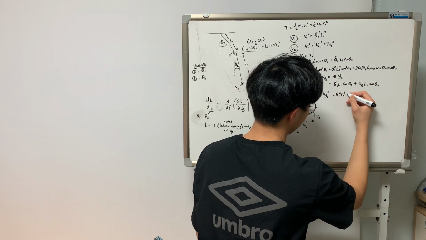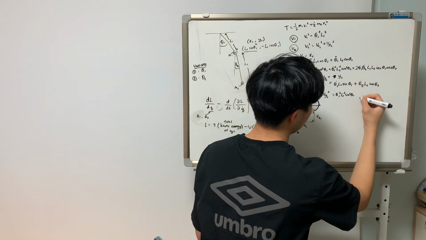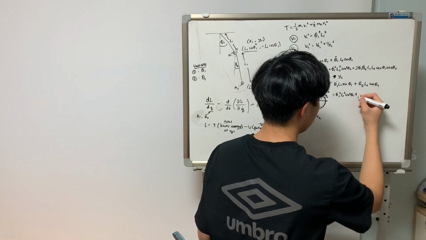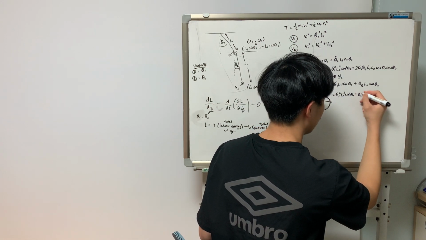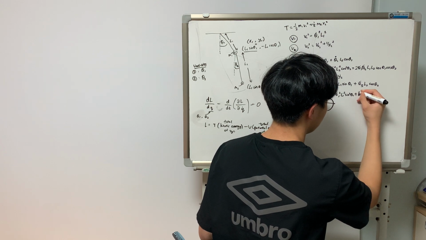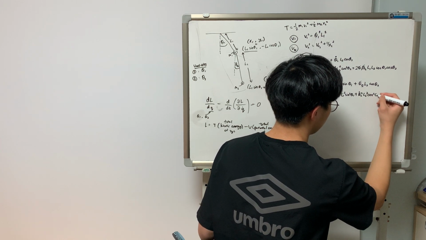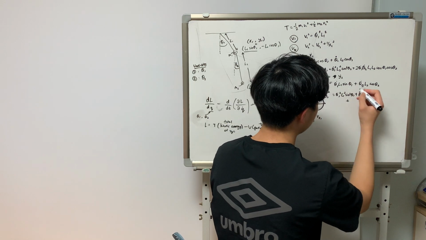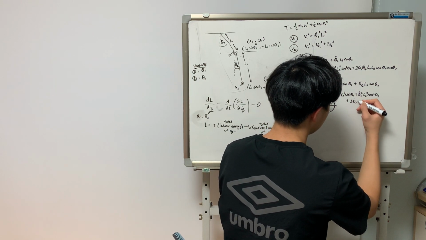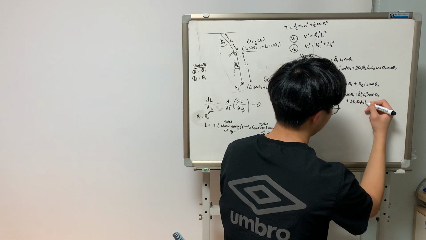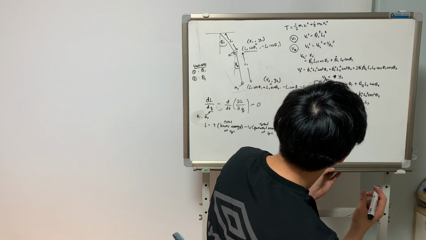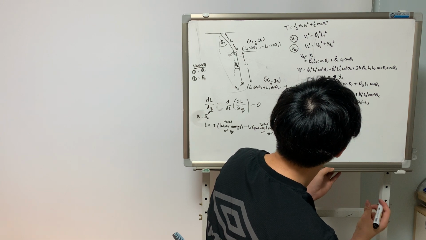So we do a very similar thing, but replace everything with sine, and so we get theta 2 dot squared L2 squared sine squared theta 2, plus, multiplying by 2, 2 theta 1 dot theta 2 dot L1 L2 sine theta 1 sine of theta 2.